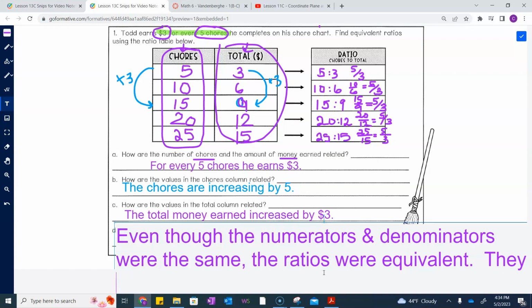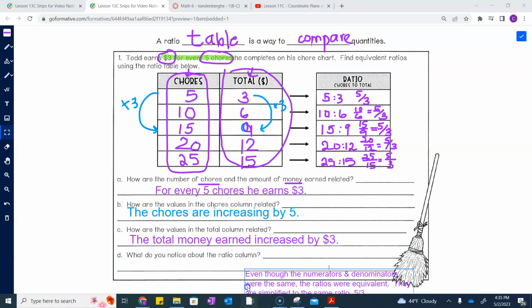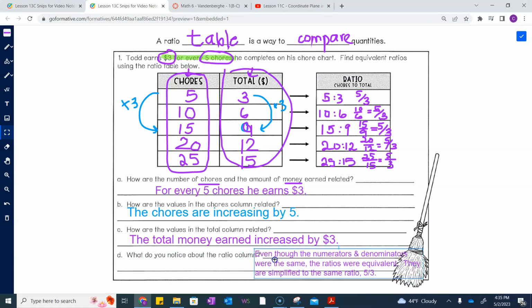What we learned in the last lesson, they all simplified to the same ratio, 5 to 3. So the ratios look different when we initially wrote them. But when we put them all into simplest form, they all reduce to the same thing, 5/3.